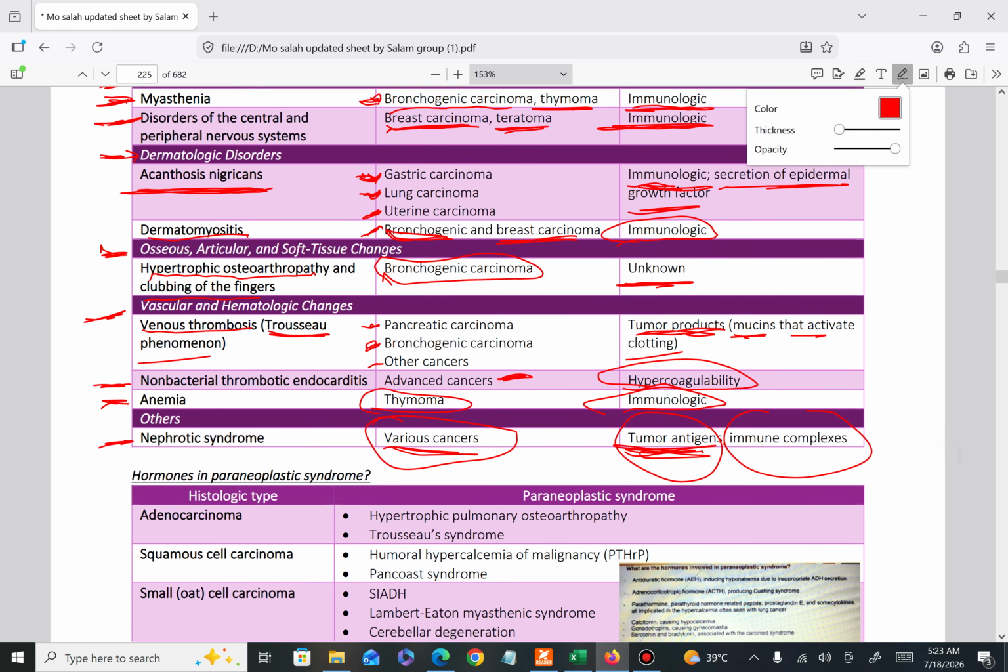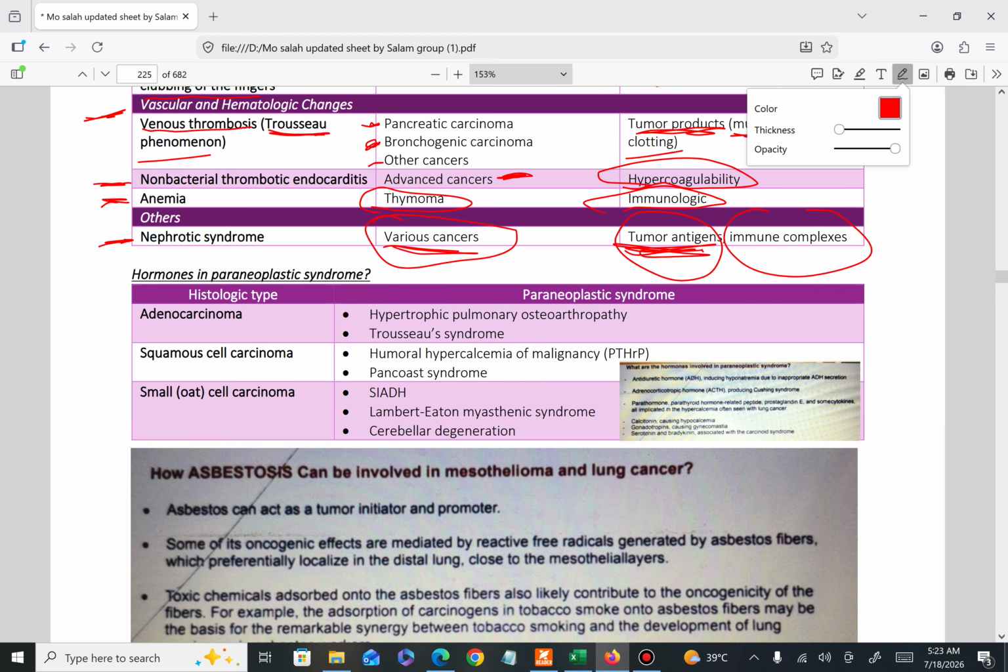So this is about the paraneoplastic syndromes. In adenocarcinoma, the paraneoplastic syndromes are clubbing, hypertrophic pulmonary osteoarthropathy, and Trousseau syndrome or venous thrombosis.